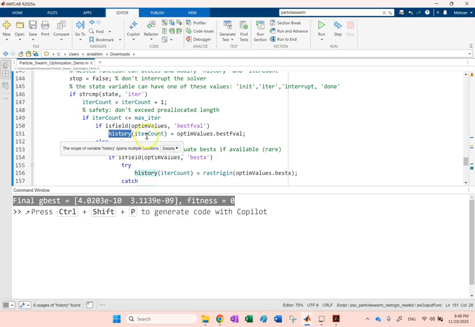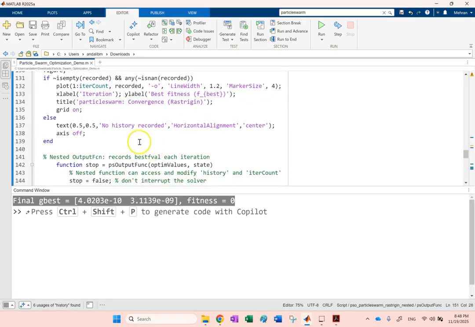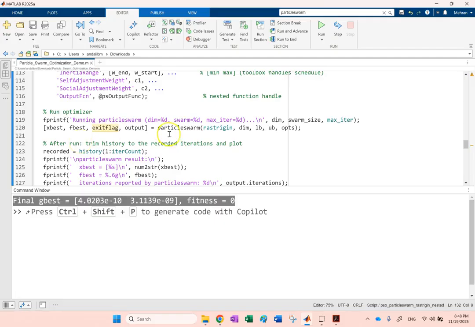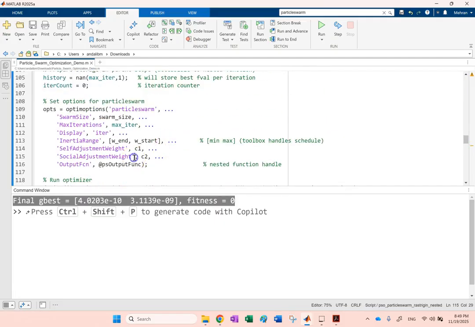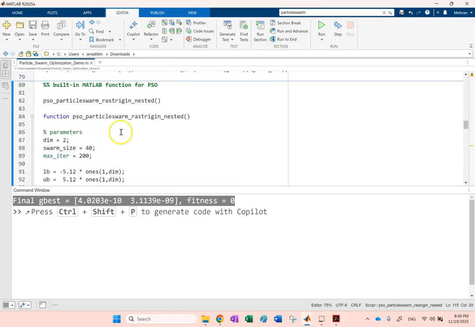It's a variable involving all of the best values. So we store it at the current iteration counter, and later we are going to plot it here. You see that here I get it recorded, and if it's not empty, I'm going to plot it. Okay, so that's all it does. It doesn't have animation, but at least it plots the change of the best value over iteration for me.